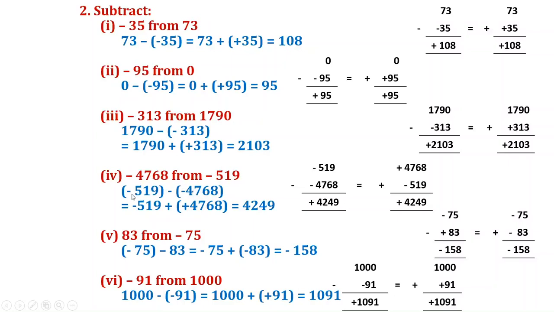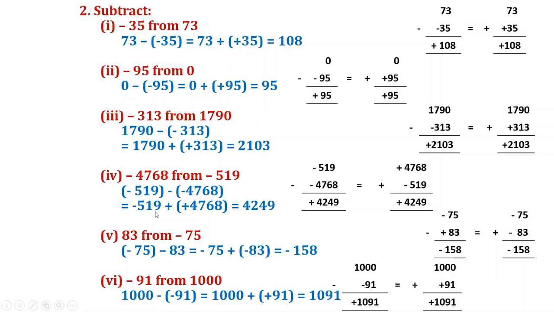So write the first number in the bracket, because any negative number you should write in the bracket first. So minus of minus 519, minus, because you have to subtract here, of minus 4768. Again use the rule of subtraction, which is convert the subtraction into addition first.